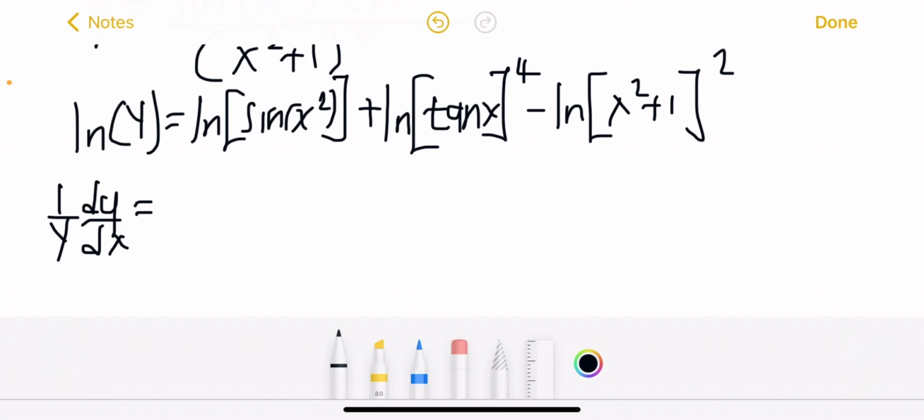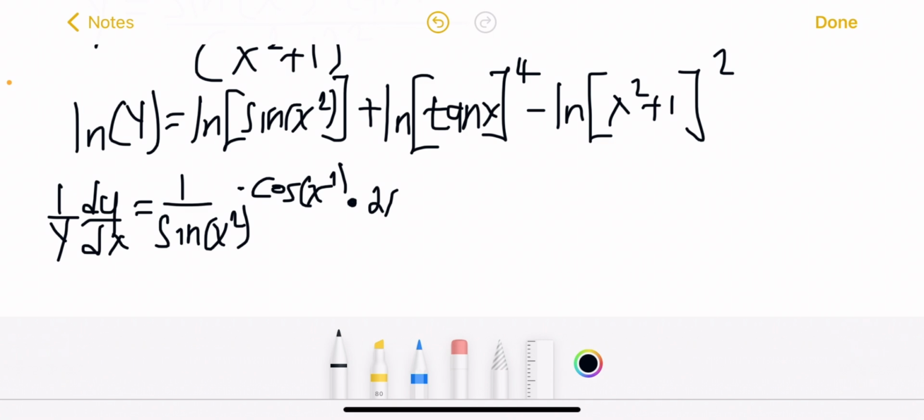This means we'll have 1 over sine x squared multiplied by the derivative of the inside, so we find the derivative of sine x squared, which is cos x squared, multiplied by the derivative of the inside. This is the chain rule, so we find the derivative of x squared, which is 2x.